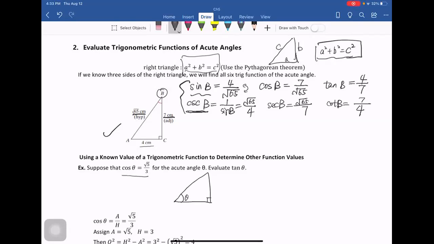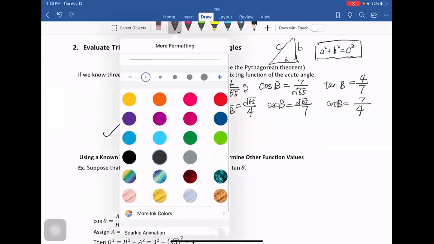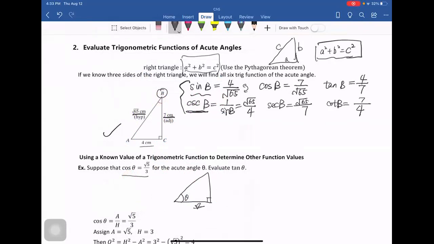And so cosine theta equals adjacent over hypotenuse. This is opposite. So cosine theta equals a over h. They gave us that's square root of 5 over 3.